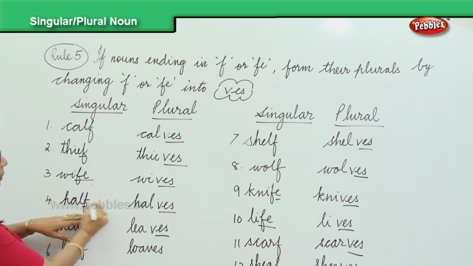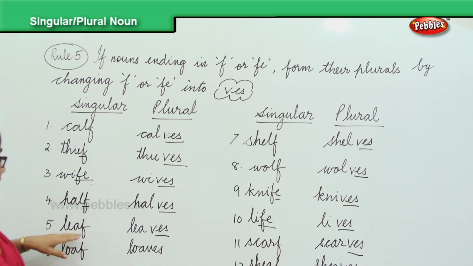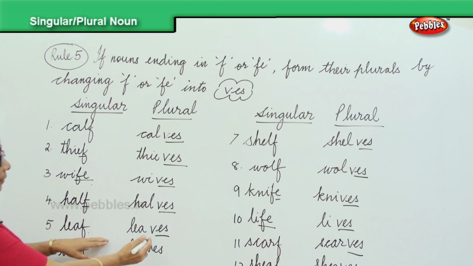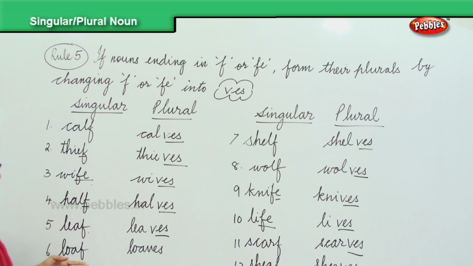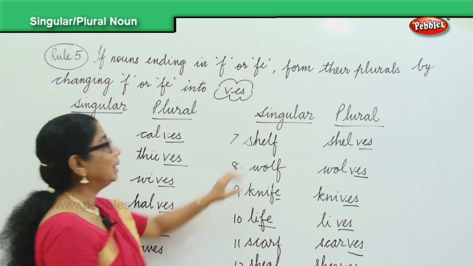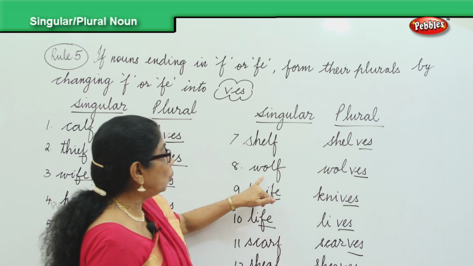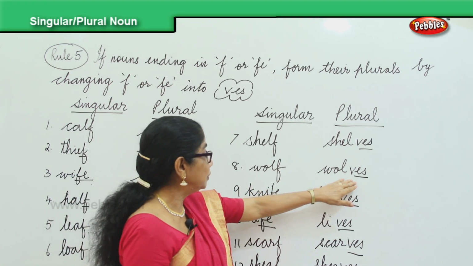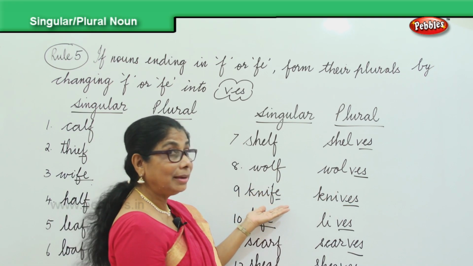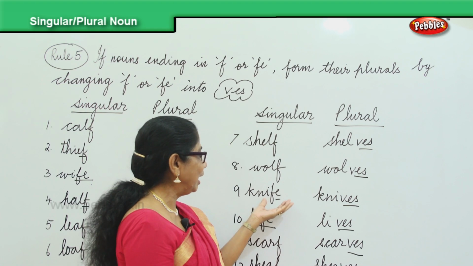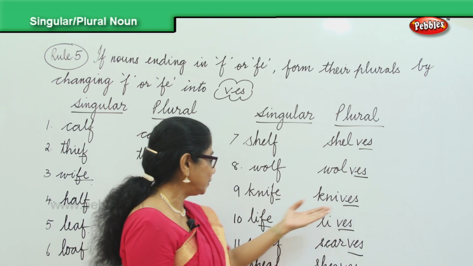Half, halves. Leaf ending in F, leaves. Loaf, loaf of bread, loaves. Shelf, shelves. Wolf, wolves. Knife, look at here, FE, we take away FE, knives.